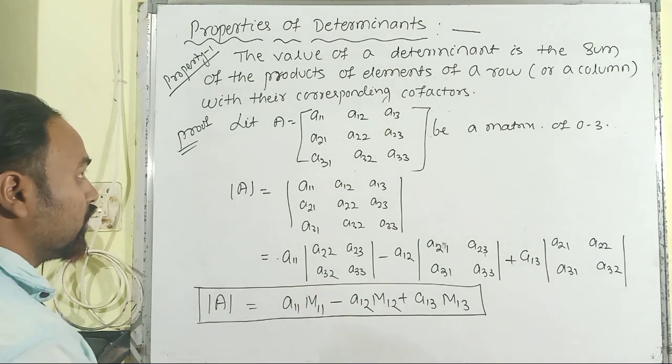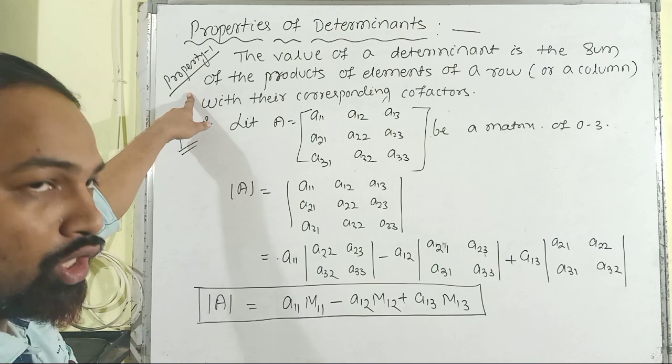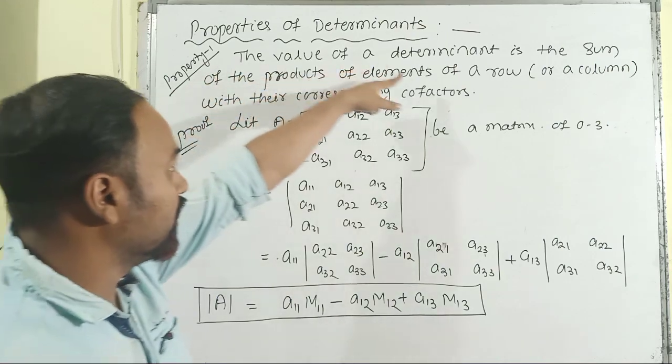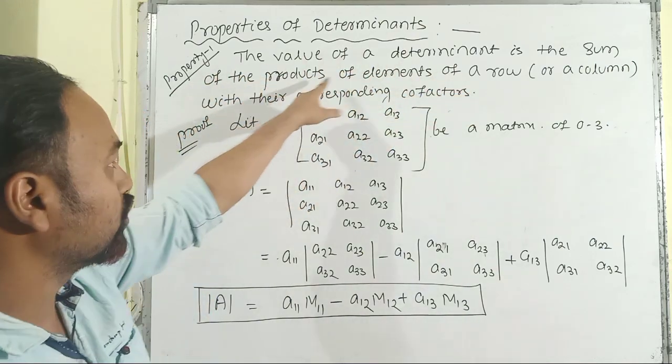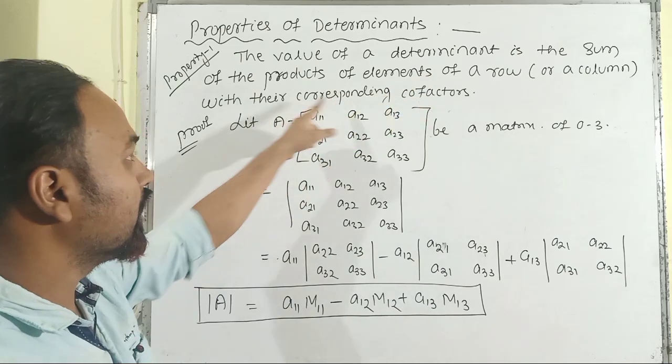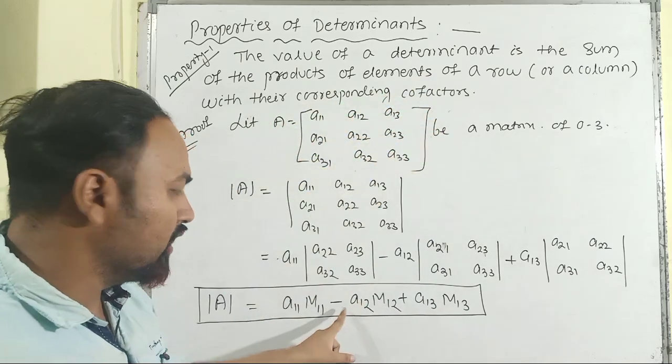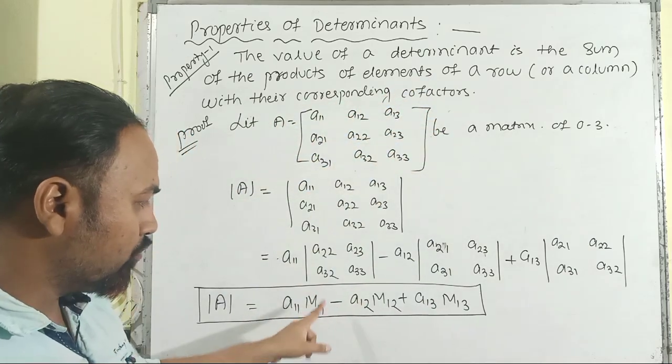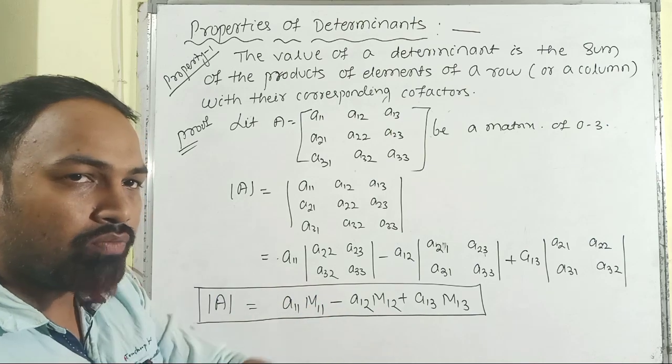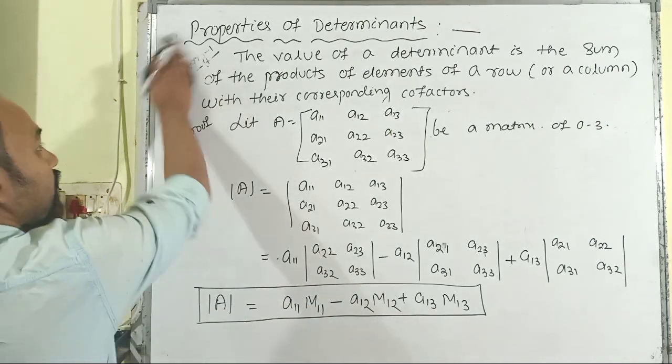Then we have to proceed up to property number 1, because we have to prove that the value of a determinant is the sum of the products of the elements of a row with their corresponding cofactors. But these are the minors, and we have to convert these minors into the form of cofactors.